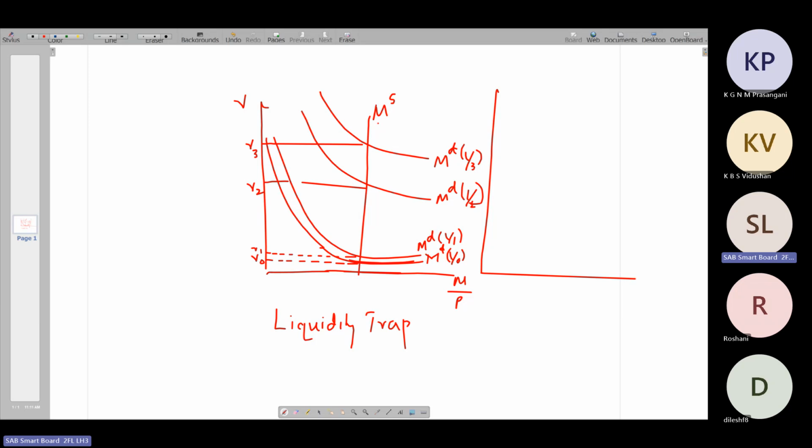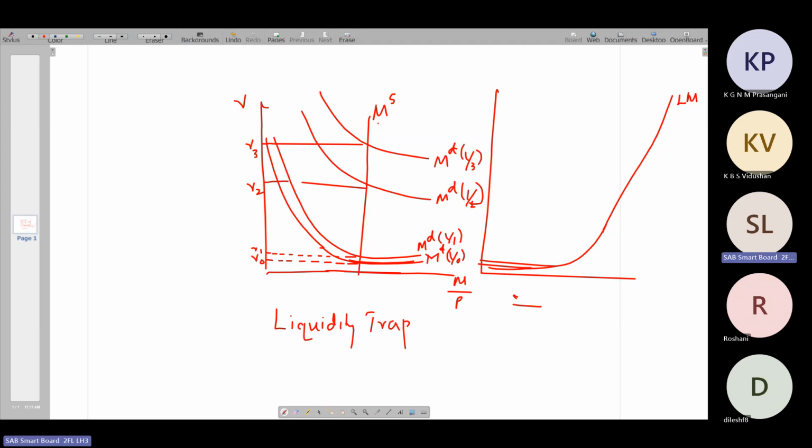Under these circumstances, the LM curve also becomes nearly horizontal. But at the normal level of interest rate, it becomes upward sloping, a steeper curve. So this is the LM. At a lower level interest rate, the LM curve becomes nearly horizontal.